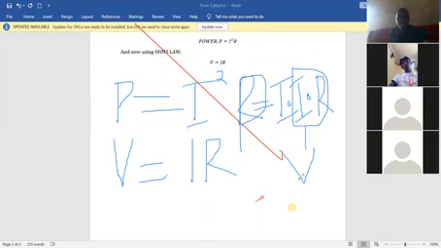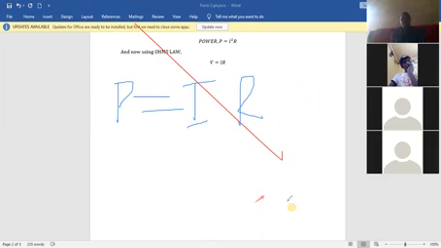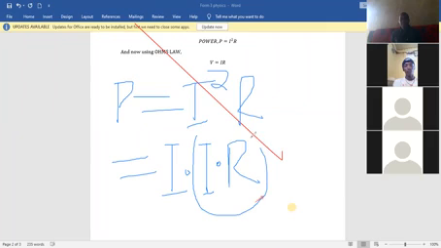Let me repeat it. I want it to be very clear. So this power is equal to I times I times R. But what is this?